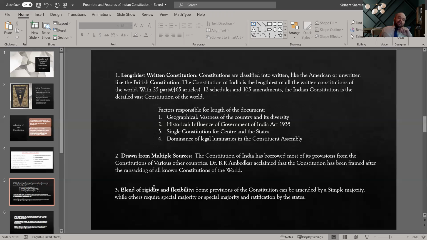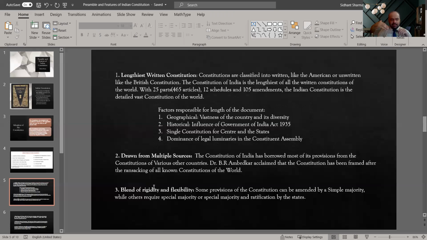Further, the next feature: it is a perfect blend of rigidity and flexibility. There are certain provisions of the Indian Constitution which can be amended by just a simple majority. On the other hand, some provisions require a special majority, and some provisions require a special majority with ratification of the states.